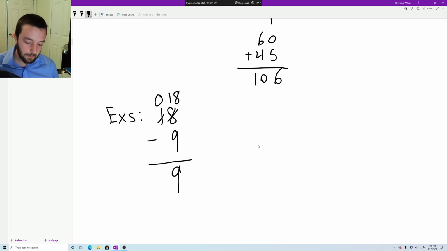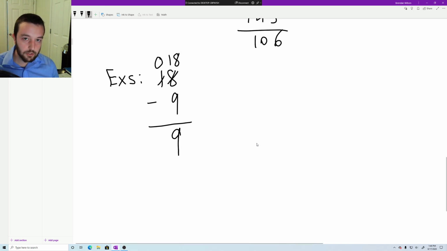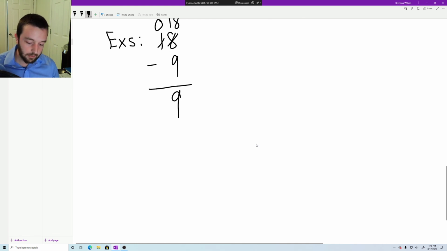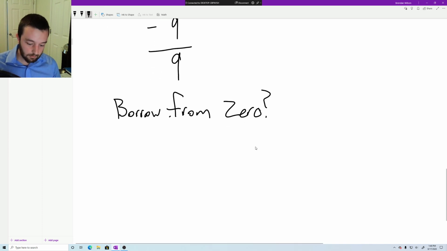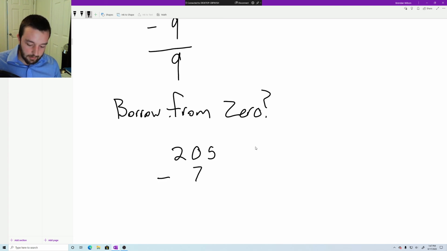Now, before I go into another example, let's talk about what happens if we try to borrow from 0. So what if we have, let's make it a little bigger, 205, and we want to subtract 78.